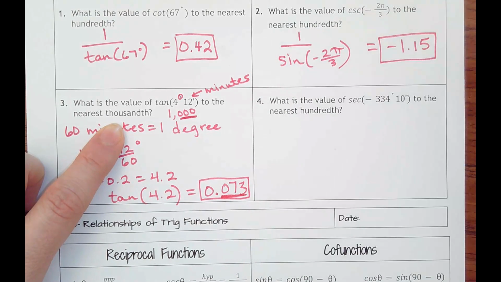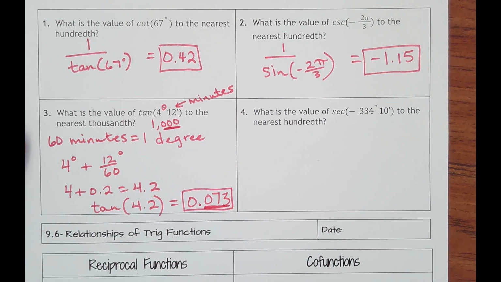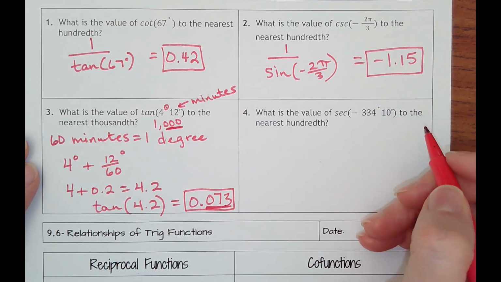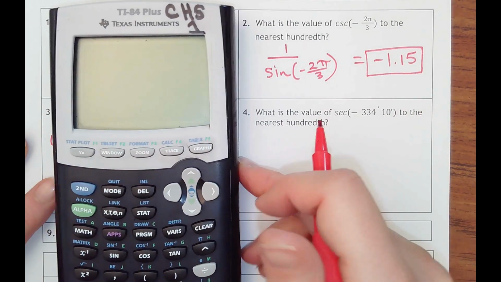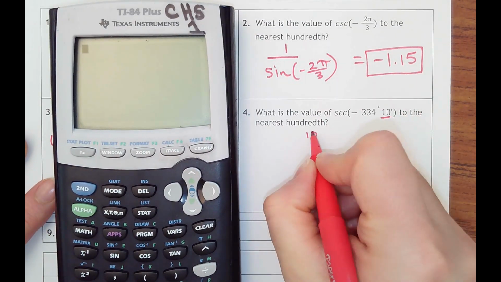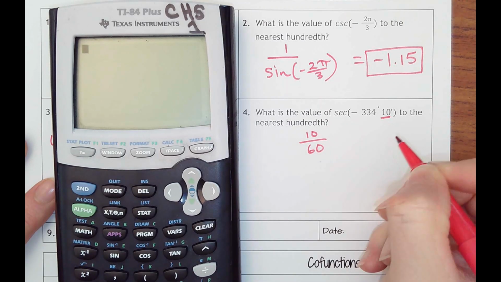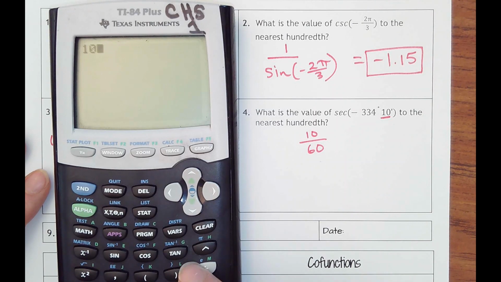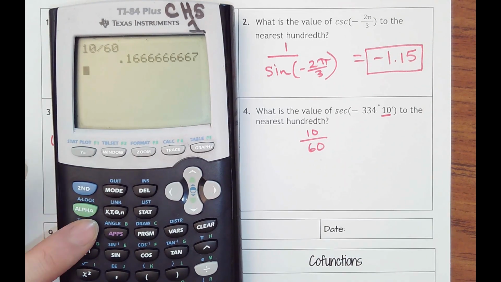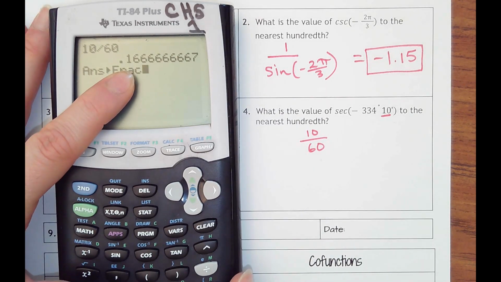All right, and then number 4, we've got another one that has 10 minutes. So what I want to think about is 10 minutes out of 60 would make a degree. So that would be obviously 1/6. Oh, I don't want to change it to a fraction, which is this repeating decimal.